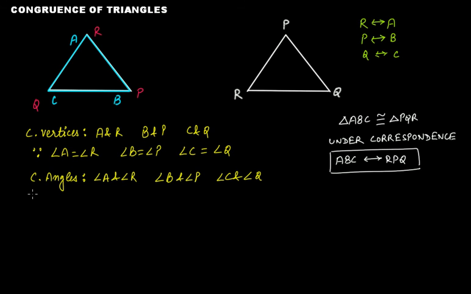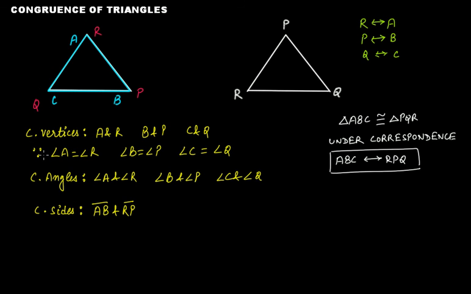Now, since RP falls along AB, PQ falls along BC, and QR falls along CA, therefore corresponding sides will be AB and RP.